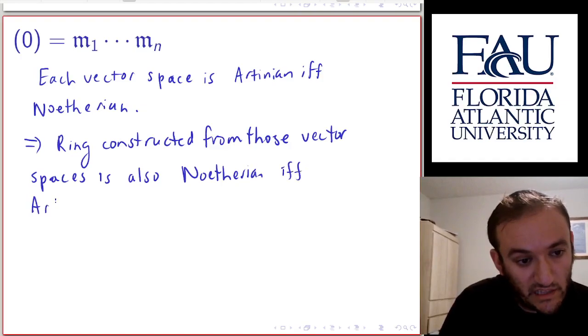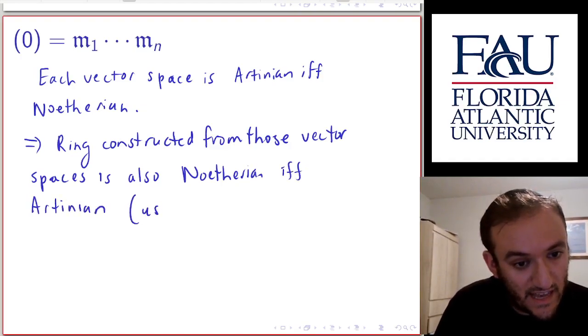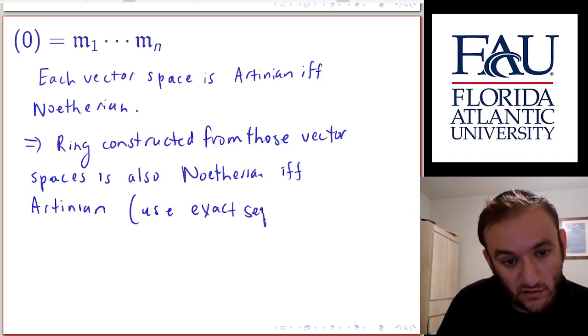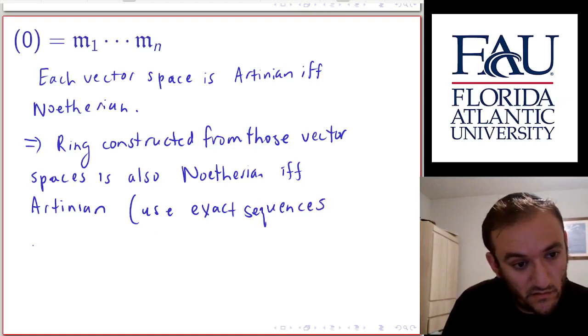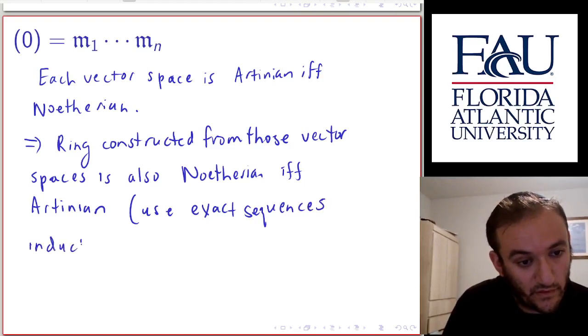And I am eliding some of the details, but the key here is that you can use exact sequences to build the ring inductively.